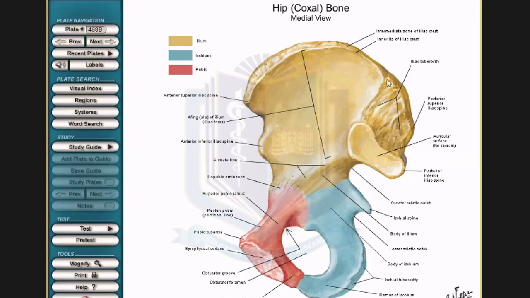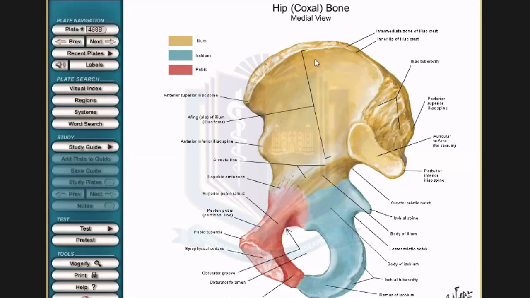Okay, it starts from the upper margin of the iliac crest, about 5 centimeter anterior to the posterior superior iliac spine, moving downwards till it merges with the pubis bone or pubic crest. So this divides the medial aspect of the ilium bone into two areas.